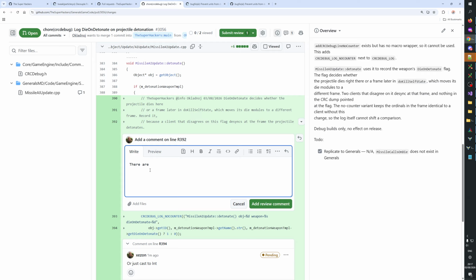There are probably millions of variables that, if mismatched, the game desyncs. Why does this flag specifically need this lock?